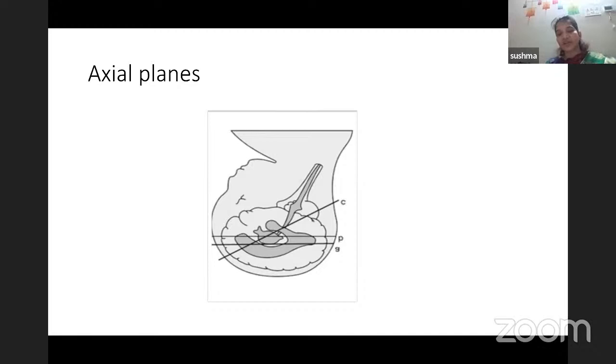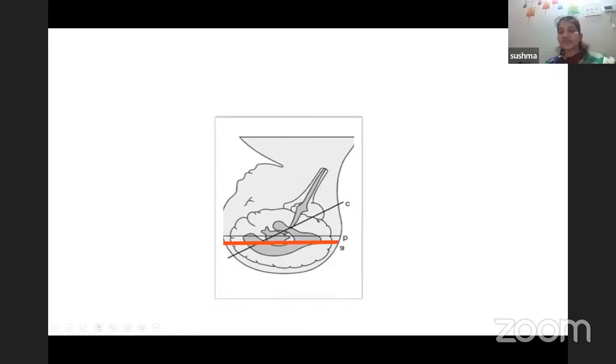To understand how to take the common planes, I have changed this slide into a cephalic presentation. As we can see here, the lowest plane, the one closer to the cranial end of the fetus, is the transventricular plane. It passes through the posterior horn and also the anterior horn of the lateral ventricle.